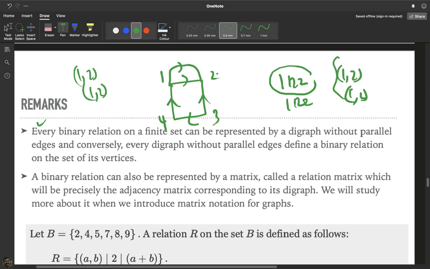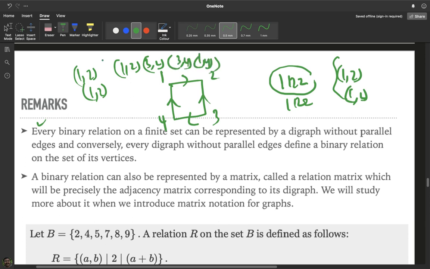If you have a directed graph, you can also write a binary relation from it. Suppose you are given a directed graph, how will you write the binary relation? You can easily write it by noting down the corresponding pairs. Looking at this graph, the corresponding binary relation would be (1, 2), then (3, 2), then (3, 4), then (1, 4).